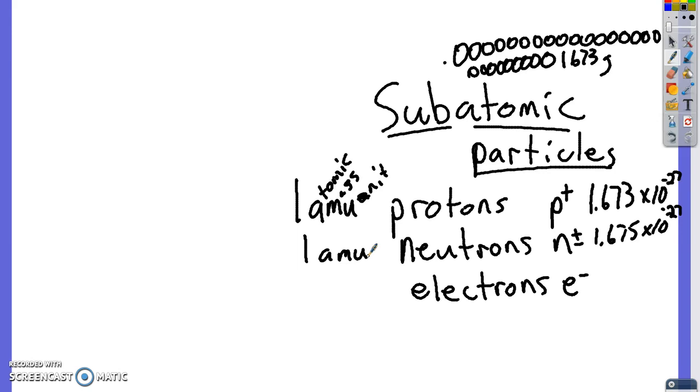Okay? Now, an electron is equal to 0.0000239 times 10 to the negative 27.